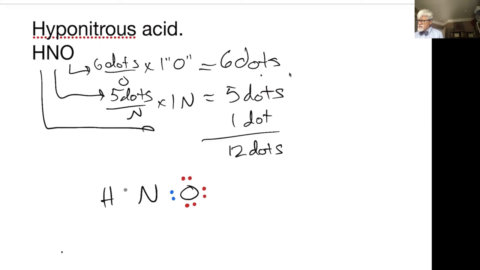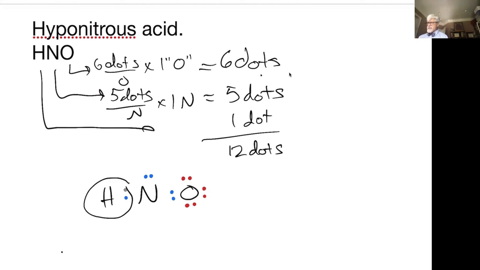Hydrogen brings 1. We're going to steal another from nitrogen. And so we see the 1 dot from hydrogen. We see the 6 dots from oxygen. Oh, but I only have 3 dots coming from nitrogen. I need to have 5 dots. Now I have a total of 2, 4, 6, 8, 10. There are 12 dots. Everybody's so happy right now. Woohoo, yay. But let's double check.